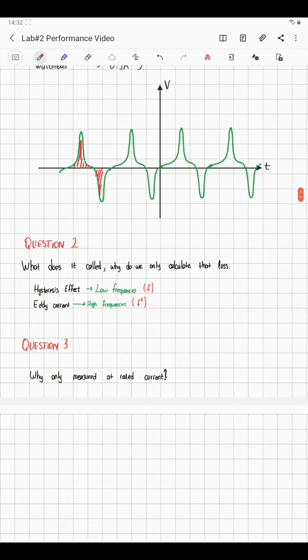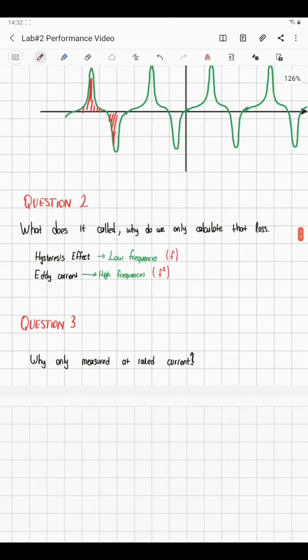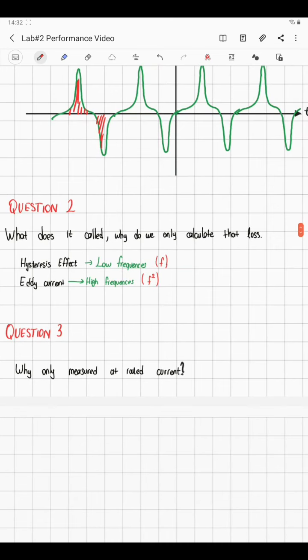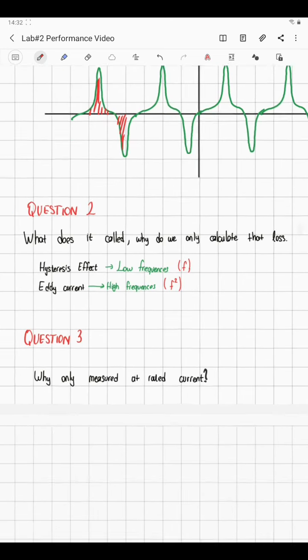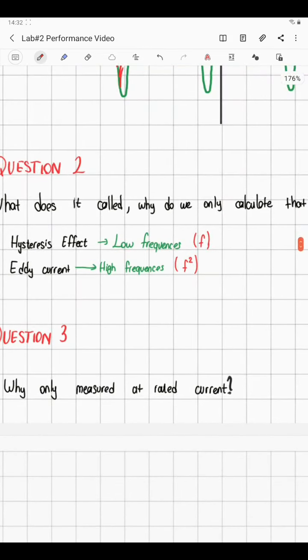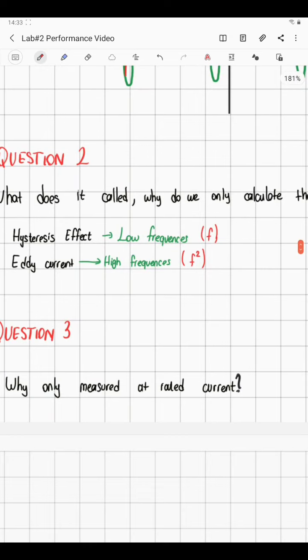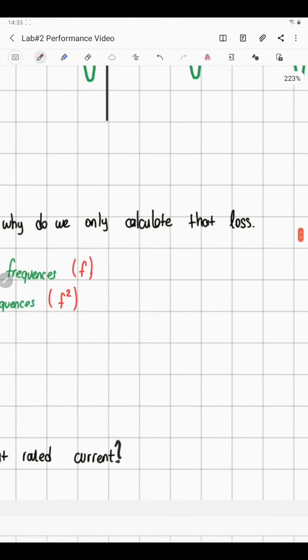In question 2, it asks what the loss is called, and why do we only calculate that loss? Well, the loss is called the hysteresis effect, and we only calculate this in our situation because we work with 50 Hertz. When compared with other frequencies, it is very low.